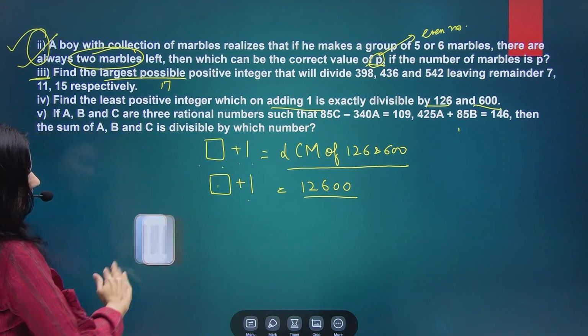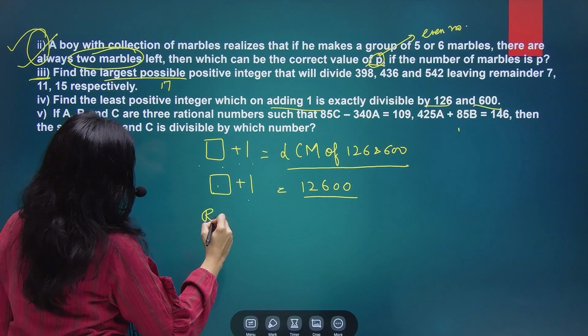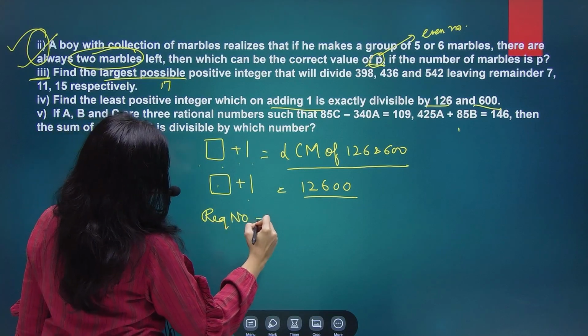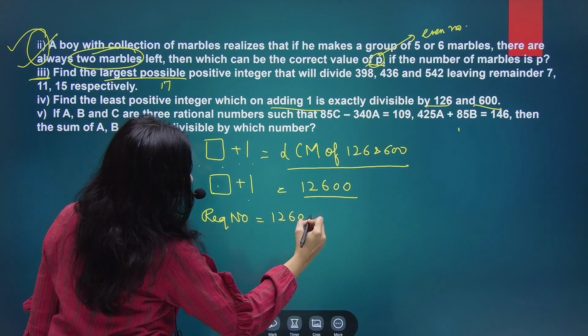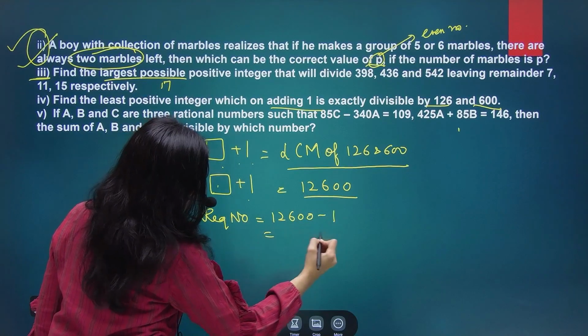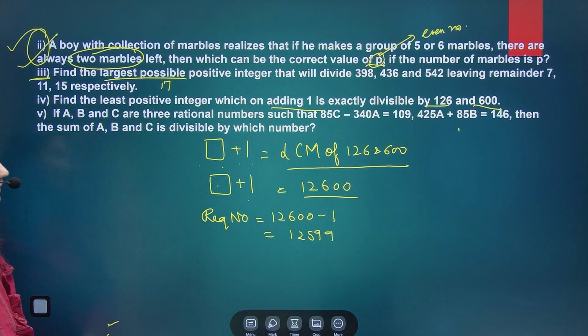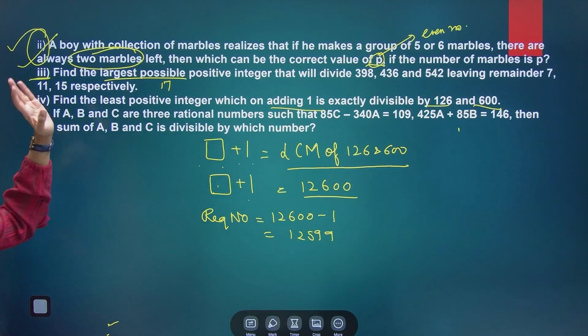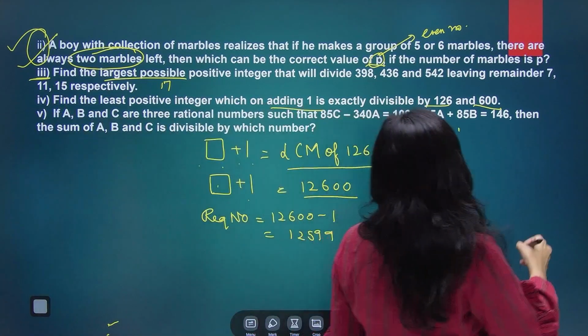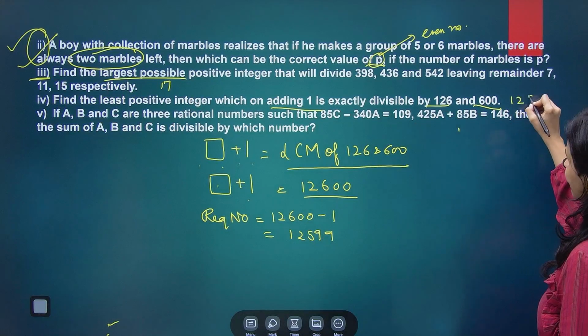So the required number is going to be, subtract 1 from it, 12599. So the answer for this question is going to be 12599.